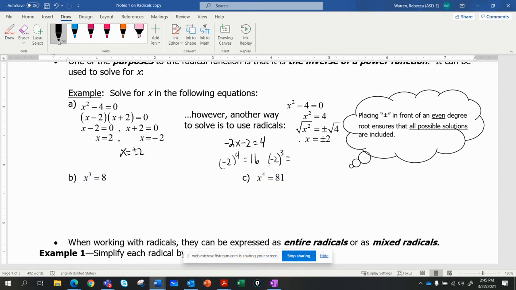Does it give me positive 8? No, it gives me negative 8. So if it's an even numbered exponent, even and negative will give you a positive answer, which means for any even numbered radical, you'll have two answers. Okay, more on that in a little bit.